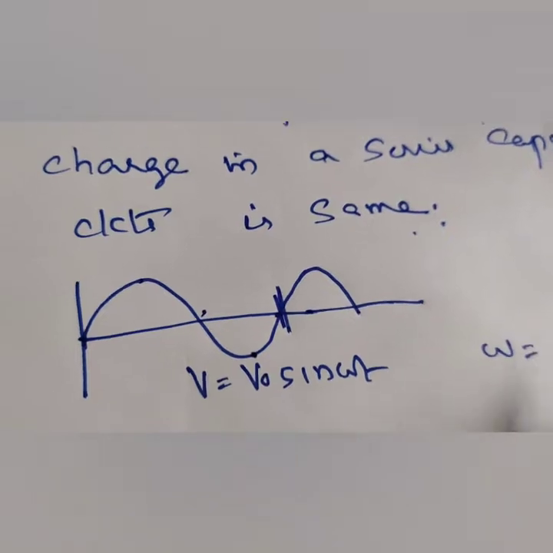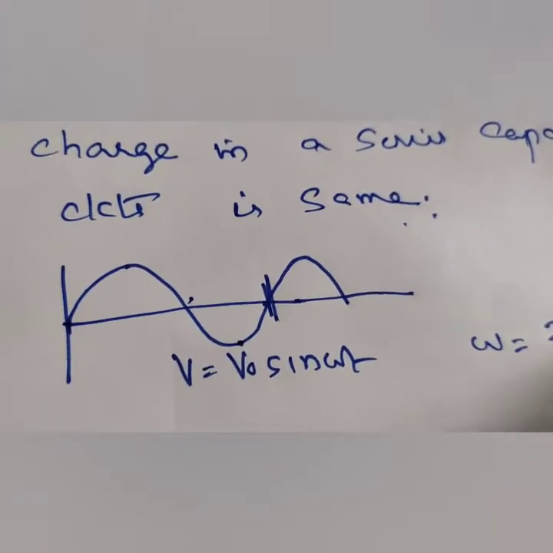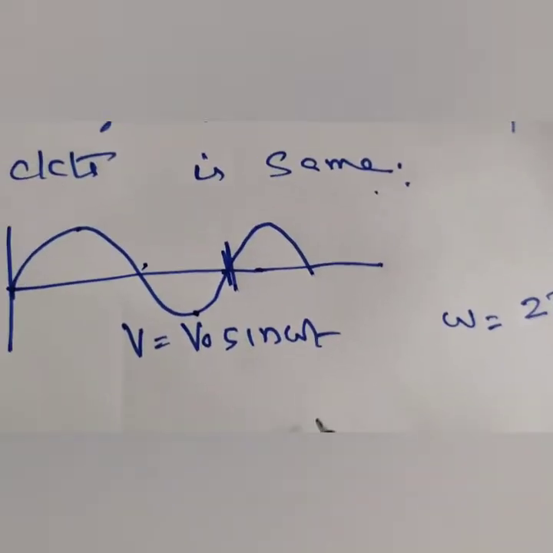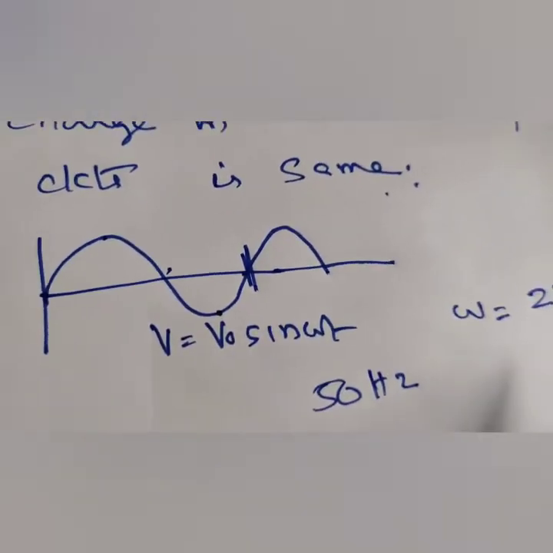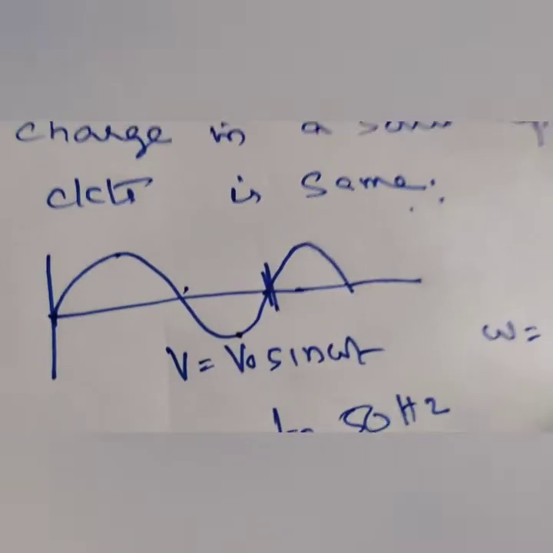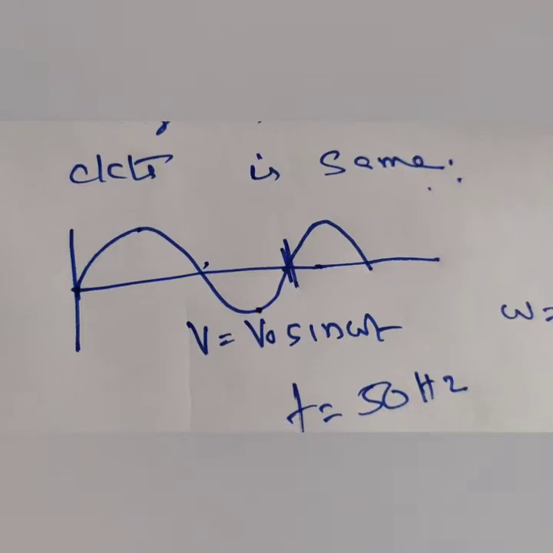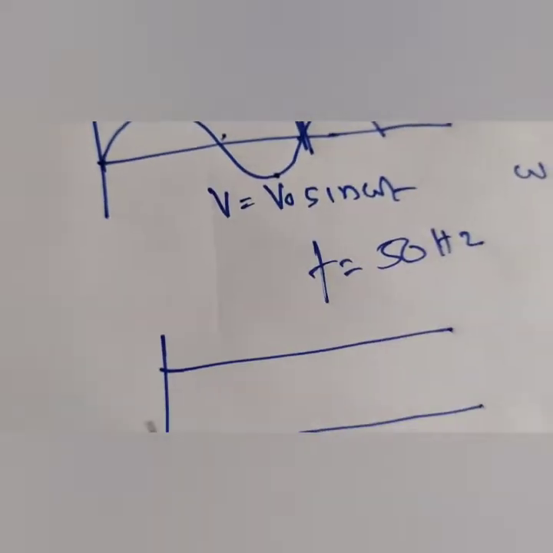Omega is the angular frequency, 2 pi f. Normally for our AC circuit 50 Hz is used. What about a DC circuit? A DC circuit has constant voltage.